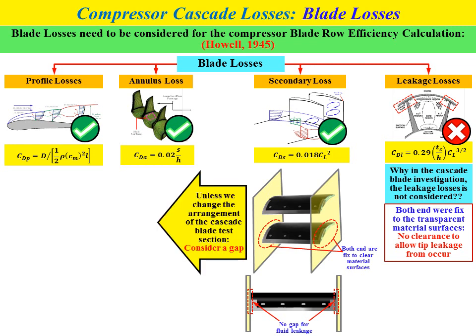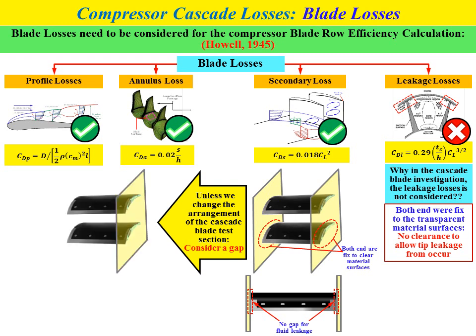Unless we change the arrangement of the cascade blade test conditions, such as by considering a gap in the cascade blade test section in a wind tunnel. For example, we have only one transparent material surface fixed at the end of the cascade blade.